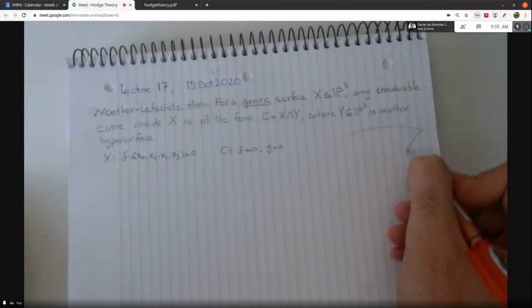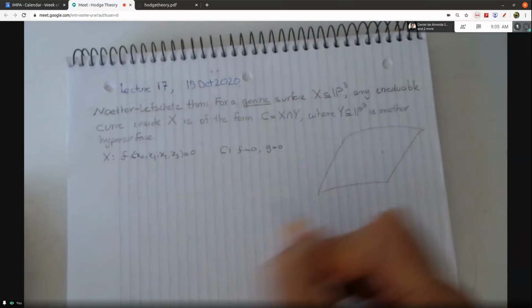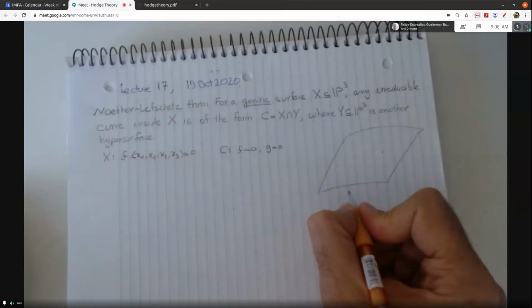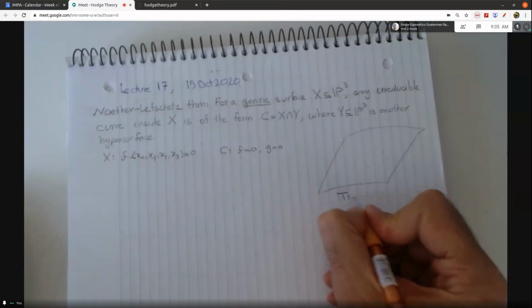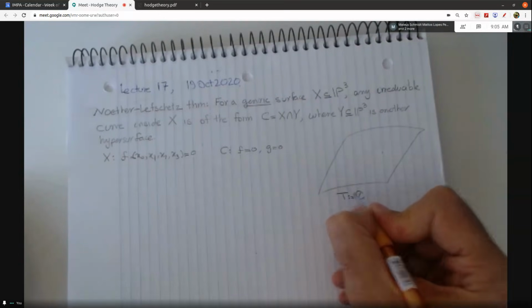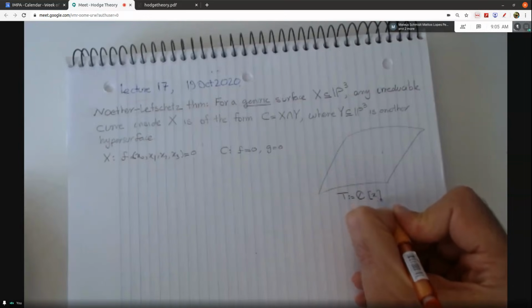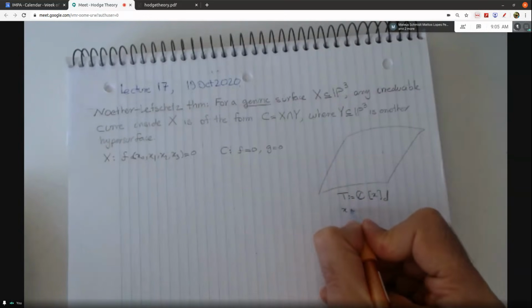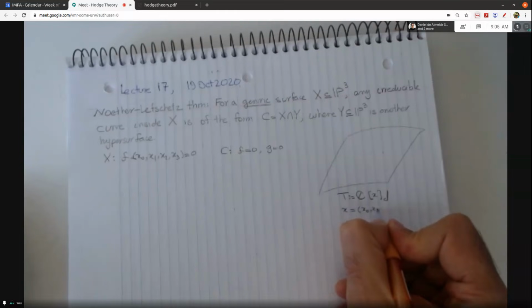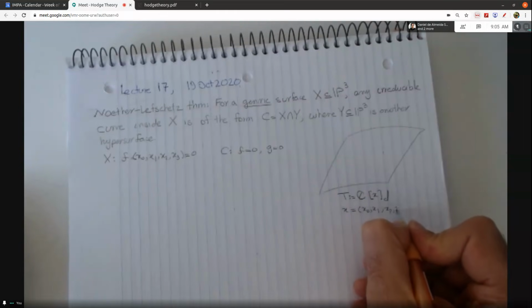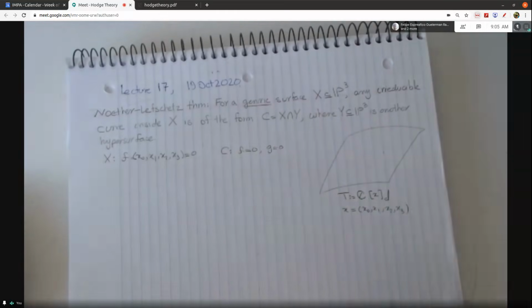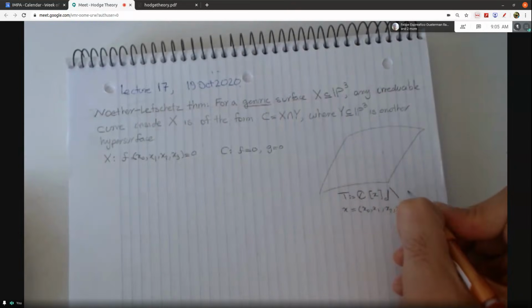Let's again remember the space T of homogeneous polynomials of degree D. In this case, the variables will be X0, X1, X2, X3. And usually one has to cut out singular surfaces.